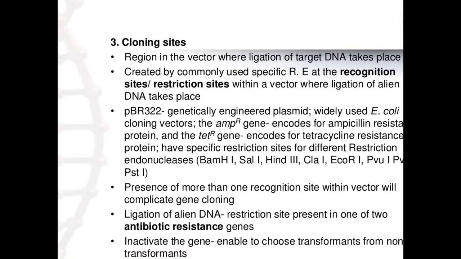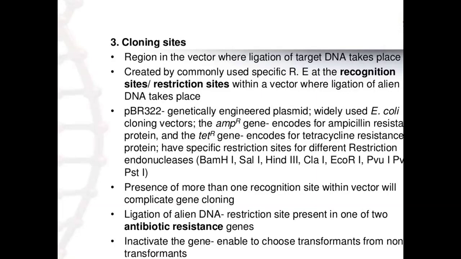The ampicillin gene encodes the ampicillin resistance protein, and the tetracycline gene encodes the tetracycline resistance protein. It has specific restriction sites for different restriction endonucleases, that is BamHI, SalI, HindIII, ClaI, EcoRI, PvuI and PstI.